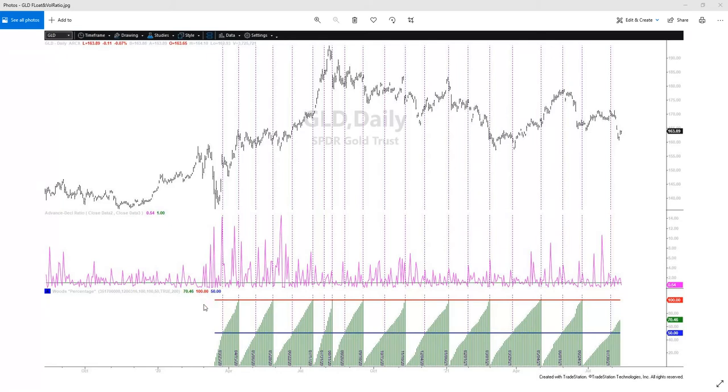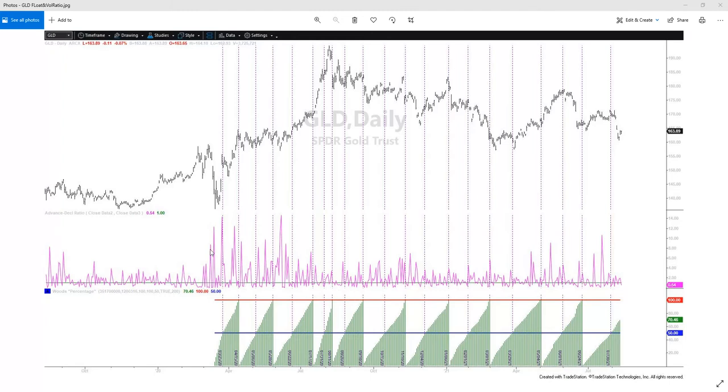Now as you can see, I have two indicators on this chart. The top indicator is a ratio calculation. It's advancing volume divided by declining volume. So when the indicator is moving upwards, advancing volume outweighs declining volume.